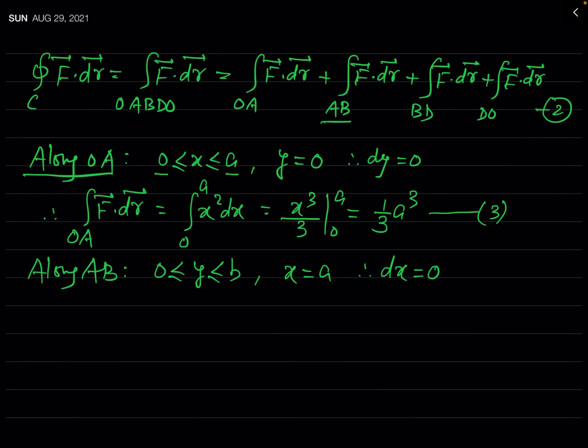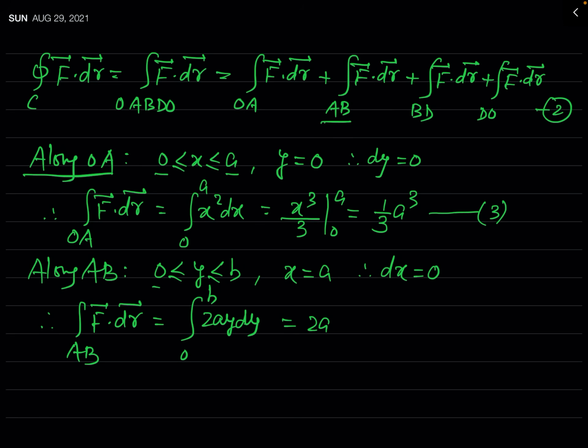Therefore, you can write that the integral of f dot dr along AB is the integral of 2ay dy, and the limits of y are 0 to b.